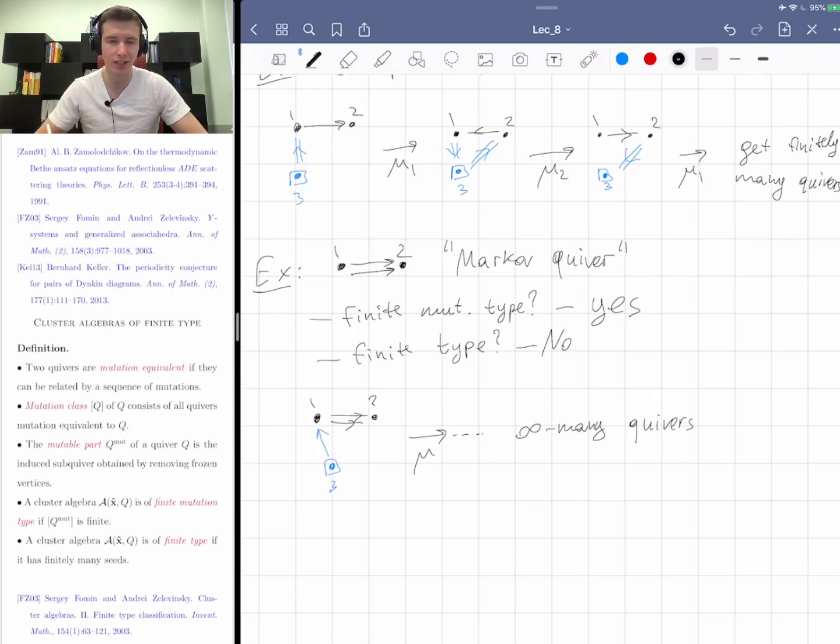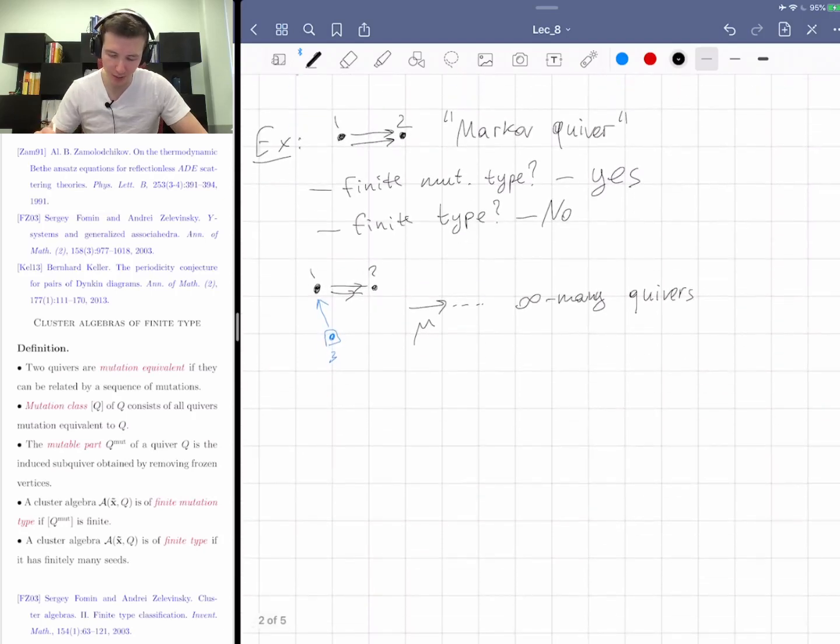All right, I can do a couple maybe. Let me do another check, which is by definition. We have a definition of whether something is finite type or finite mutation type, and if I don't want to cheat, I would start with a seed.